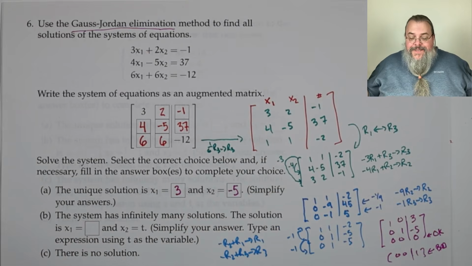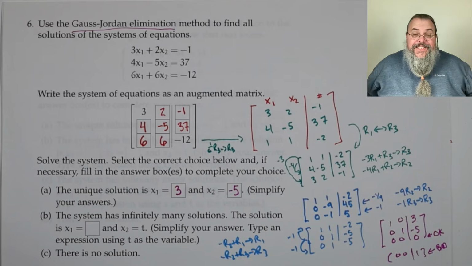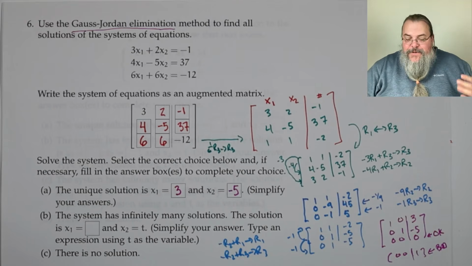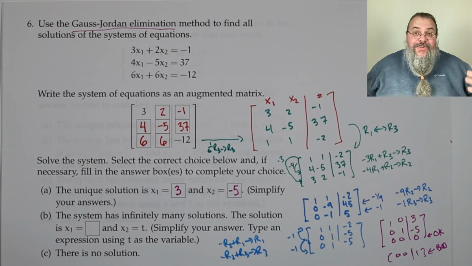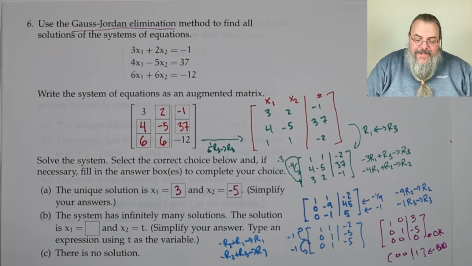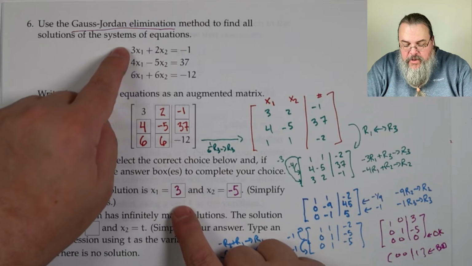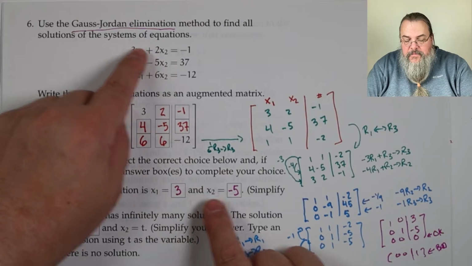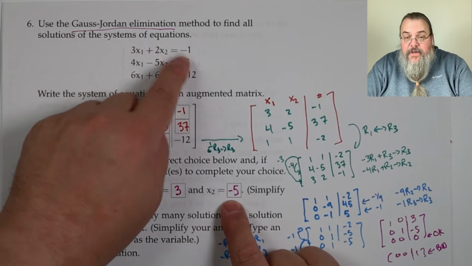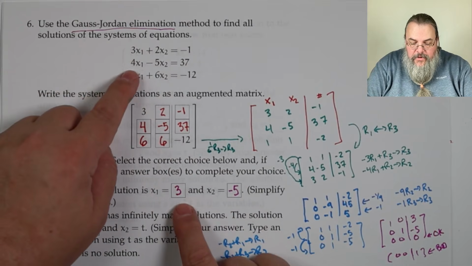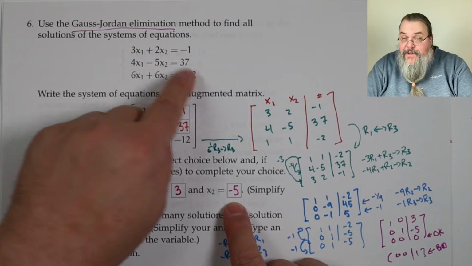Now you might say, can we check our answer? Yes! On a surprisingly large amount of this test, you can check your answer. Because what can you do? You say, well, let me plug these in. 9 minus 10, negative 1. Good. 12 plus 25 is 37.